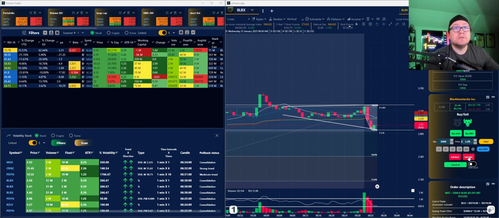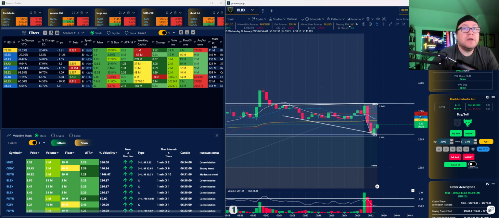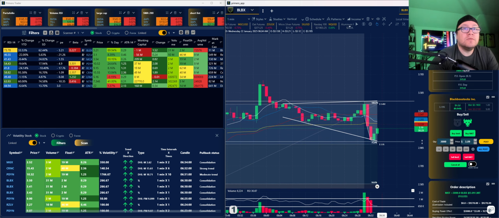Getting text messages, it's the worst when you're trading. Okay, so VWAP might be a good point of reference. Let's see if it gets there. If it breaks, then that's a good new place to put your risk.